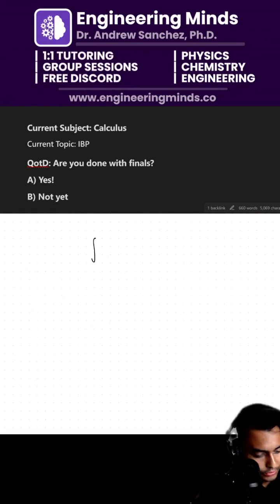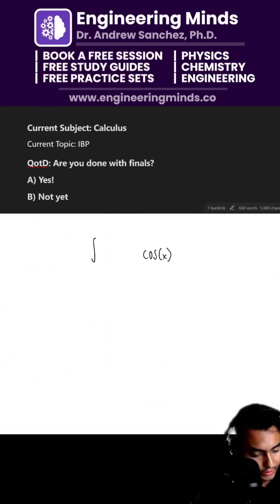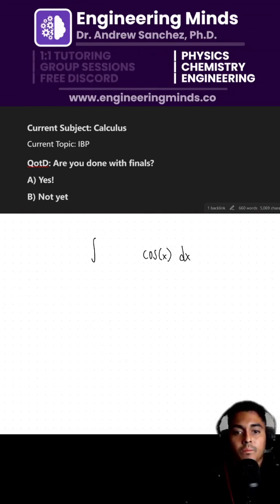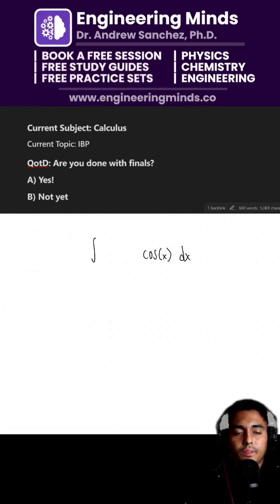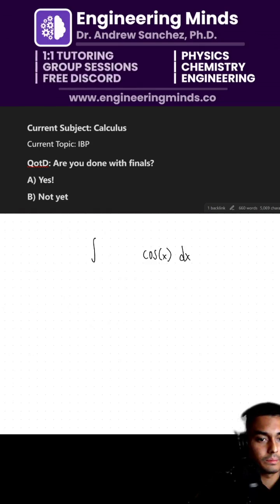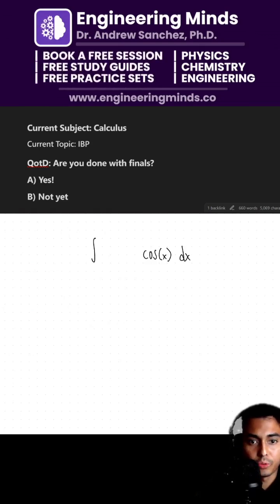And this one's going to be cosine of x times something. All right, let me see if my book has one real quick.